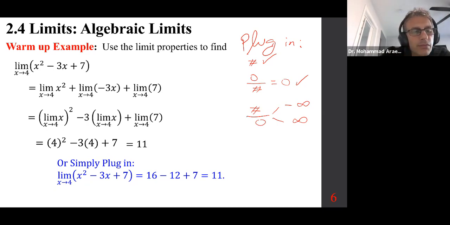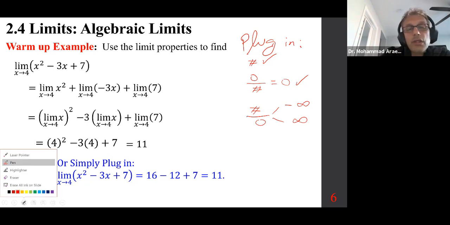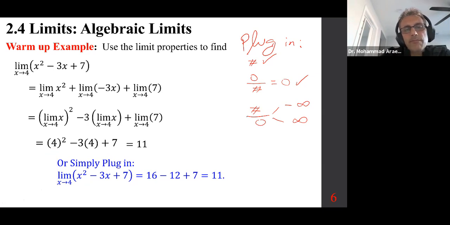However, most of the time, we deal with cases, I should say, known as indeterminate forms.